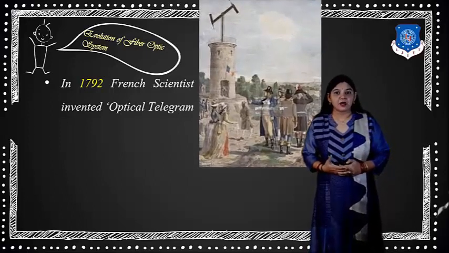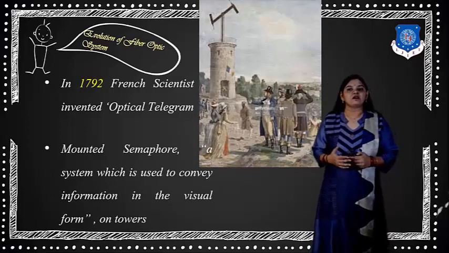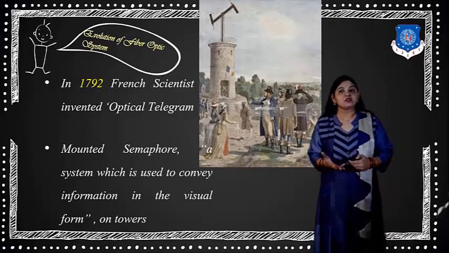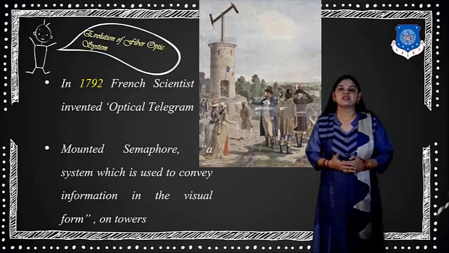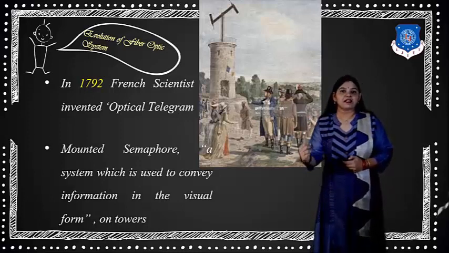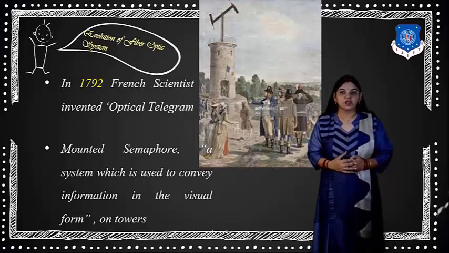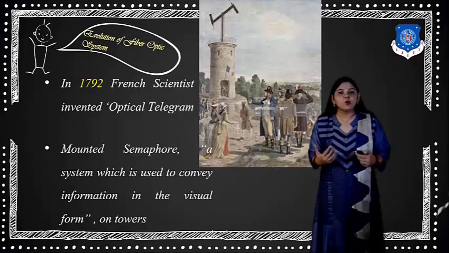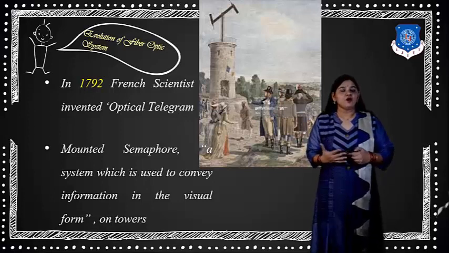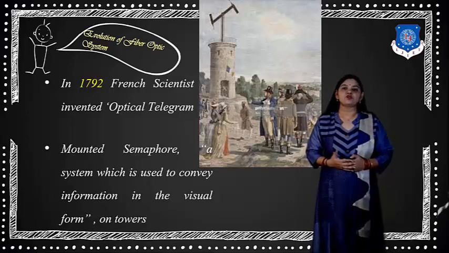It was for transmitting information in visual form using a tower. Here you can see the tower, and using that tower people could do the communication. It is the mounted semaphore system, which is used to convey information in visual form on the tower.